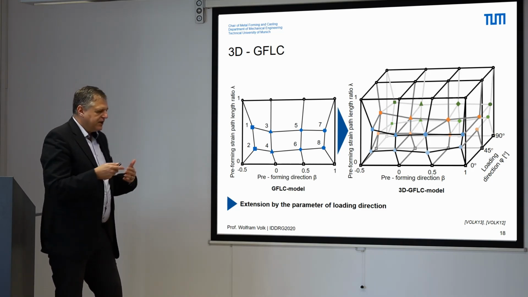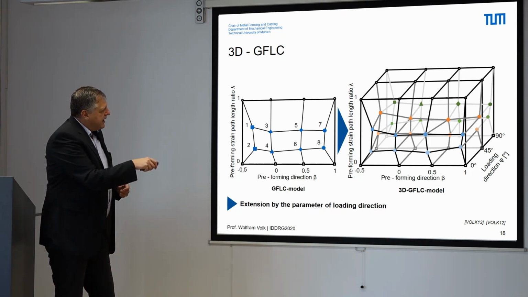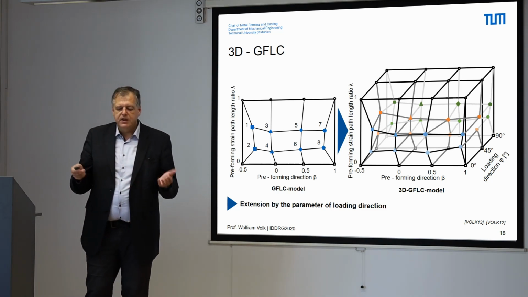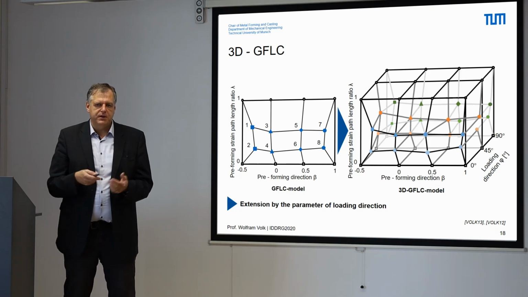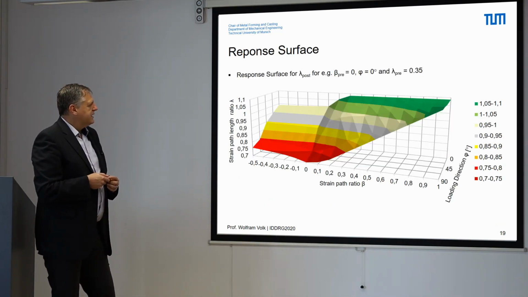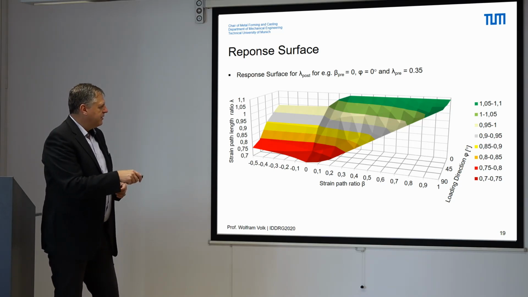So you see here, just from a quad to a hex element, it's possible to do this generalization, taking into account the whole available set of data. Here you see a cut for visualization, where you have loading direction, strain path ratio, and strain path length.